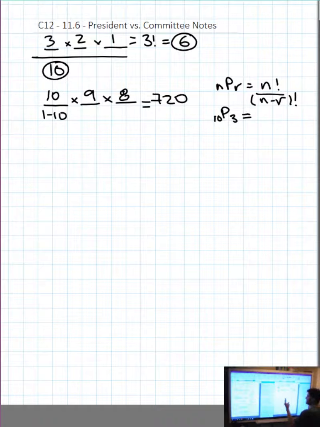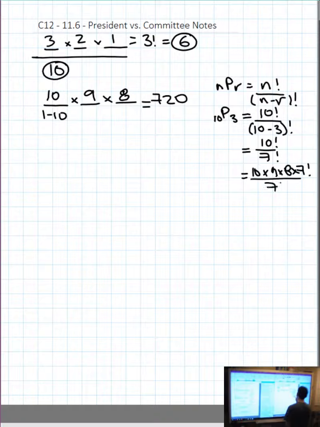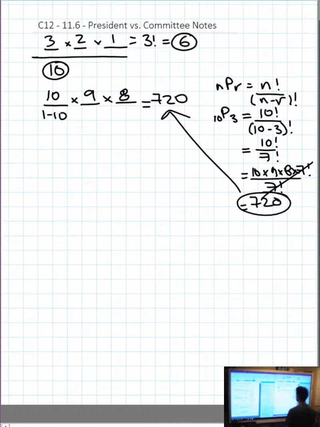Particular order matters. 10P3 equals 10 factorial over (10 minus 3) factorial, which is 10 factorial over 7 factorial, which is 10 times 9 times 8 times 7 factorial over 7 factorial. Cross off the 7 factorials from the top and the bottom, and I get the same 720 as I got previously.